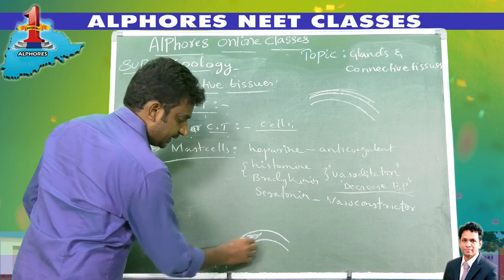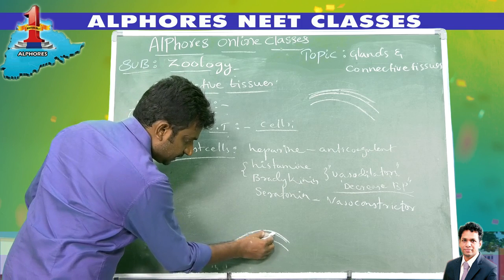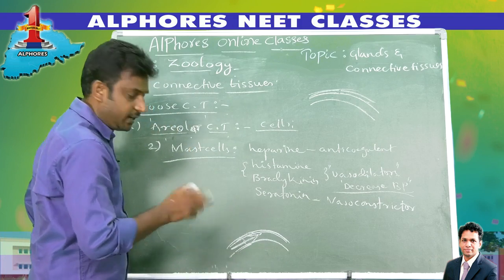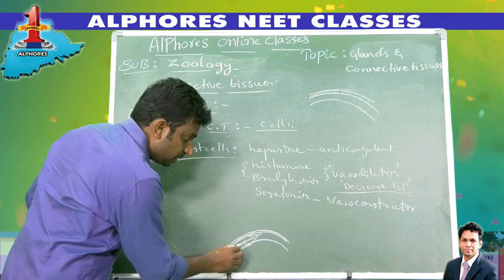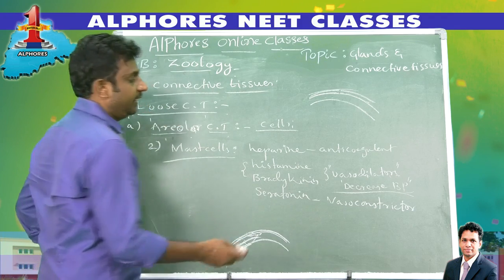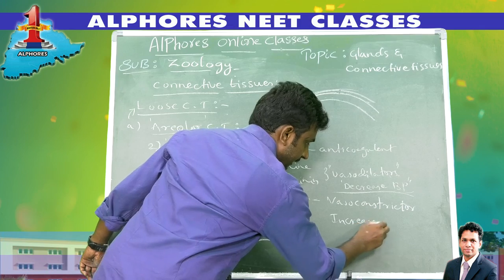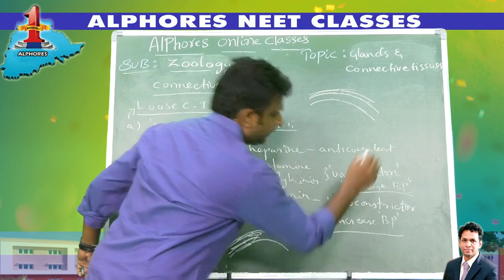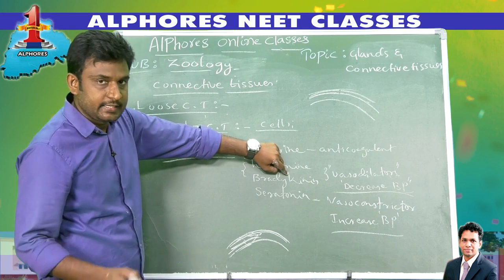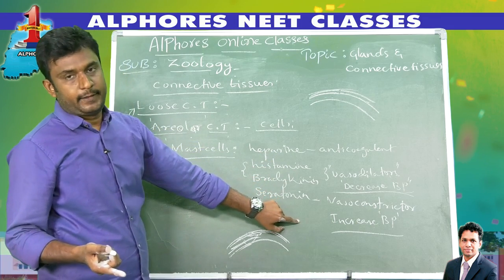Blood is flowing inside the blood vessel, and due to vasoconstriction the lumen becomes narrow. That's why blood flows to the heart with more pressure, and BP increases. Vasodilators decrease the BP, and vasoconstrictors increase the BP.